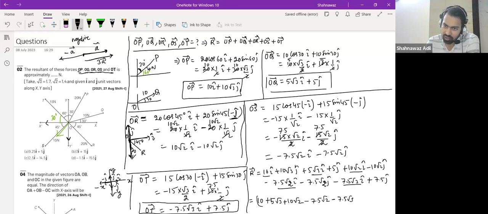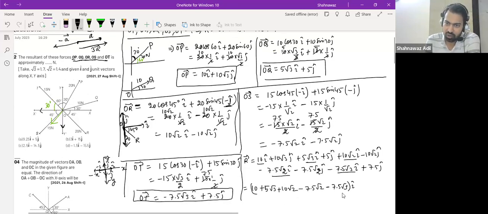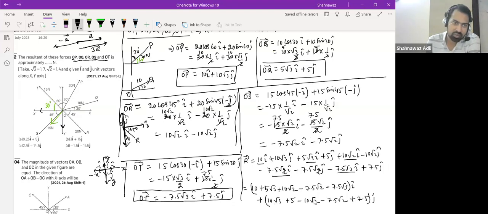So this is I, and the rest are J. Okay, so plus of how much? 10 root 2 plus 5 and minus 10 and minus 7.5 root 2 and plus 7.5. So this is okay.